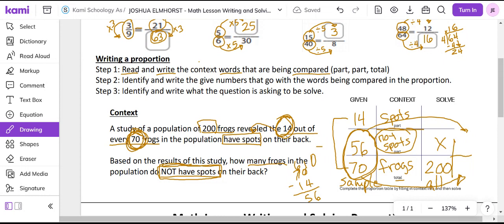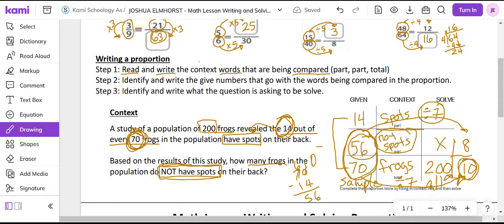Well, 70 can be divided by 7, and 56 can be divided by 7. So 70 divided by 7 is 10, and 56 divided by 7 is going to be 8. So now we have a simplified fraction, and it's still equivalent.